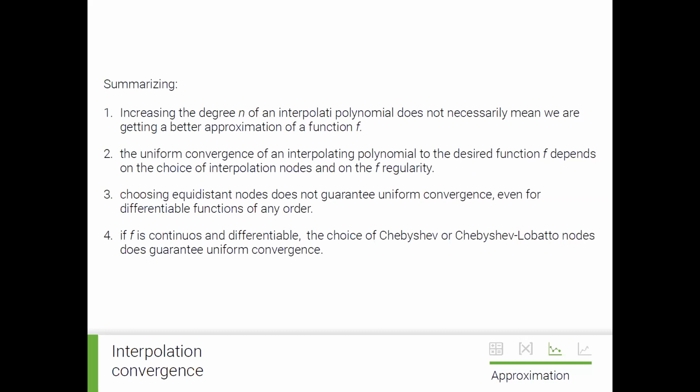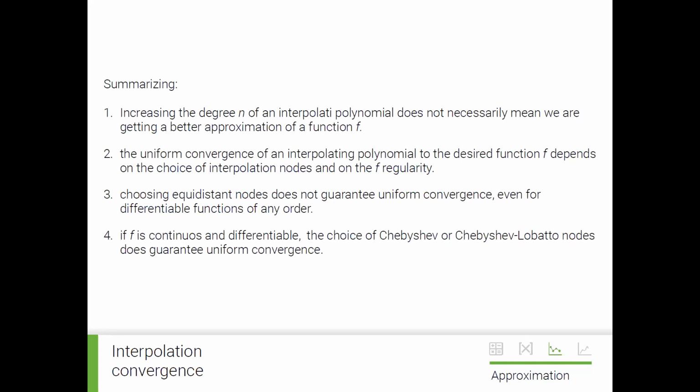If n is large, this is not good for us. Second, the uniform convergence of an interpolating polynomial to the desired function f depends on the choice of interpolation nodes and on the regularity of f.